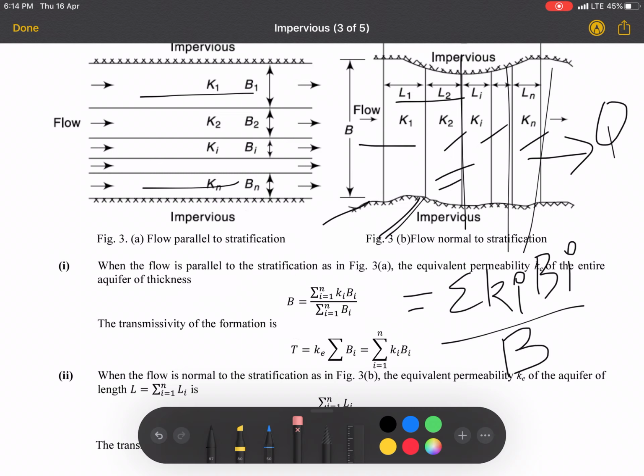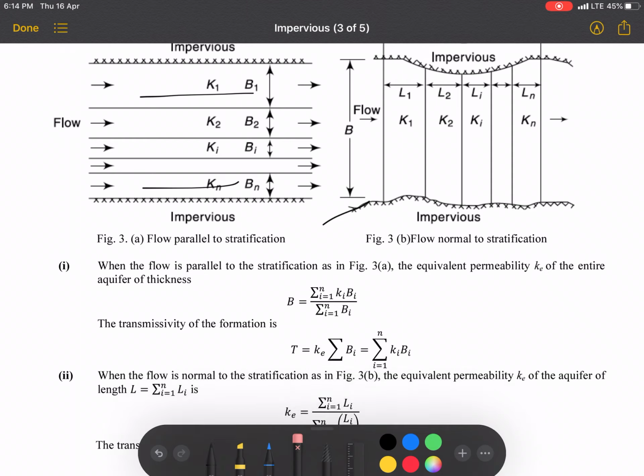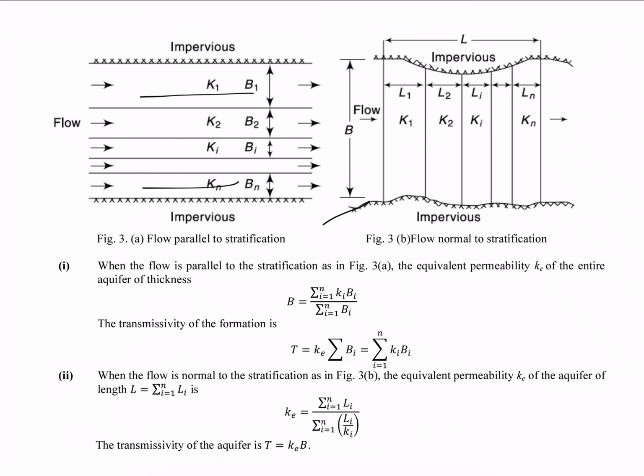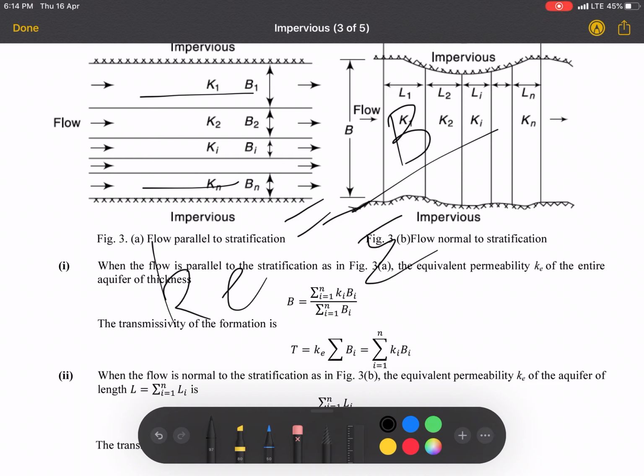The final result in the case of parallel flow is simply that we multiply the corresponding widths by the corresponding permeabilities, and for perpendicular flow it is reciprocal: Ke equals B divided by summation Bi upon Ki.